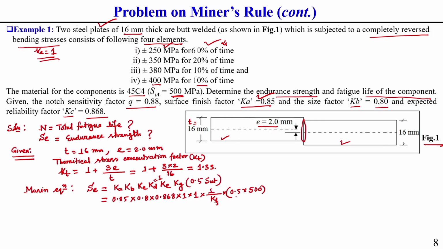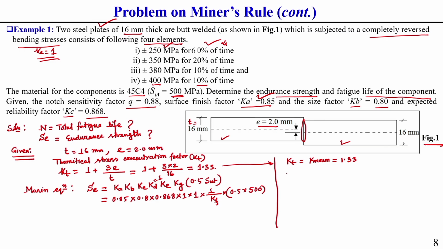So, what is Kf? This Kf we need to find out. Kt, the theoretical stress concentration factor, is now known, which is 1.33, as I have already calculated based on this formula.